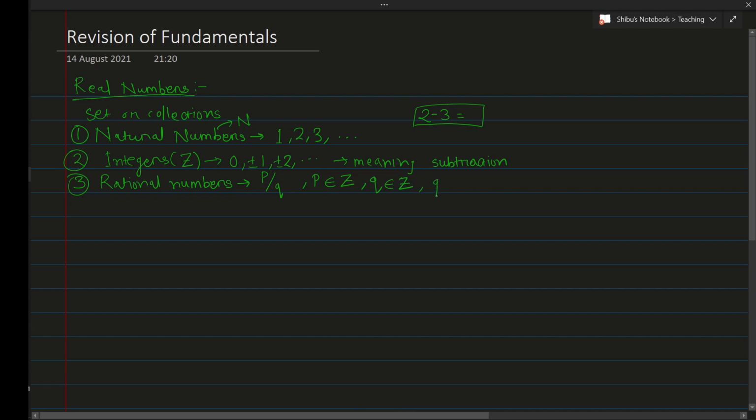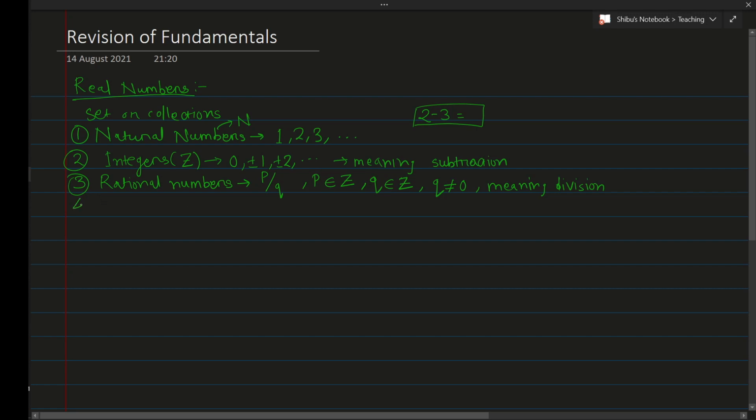But there is a condition that q should not be equal to 0, because if q is equal to 0, then this number will not be defined. And this set of rational numbers gives meaning to division. When we are dividing a number by a number other than its factor, then we're not going to get an integer, we're going to get a rational number.